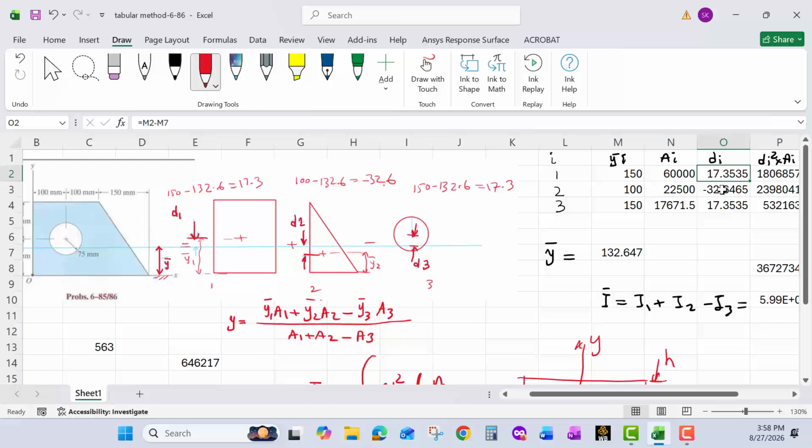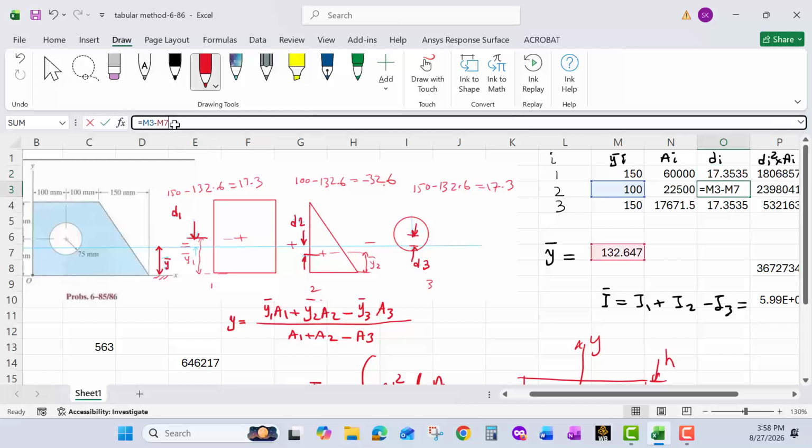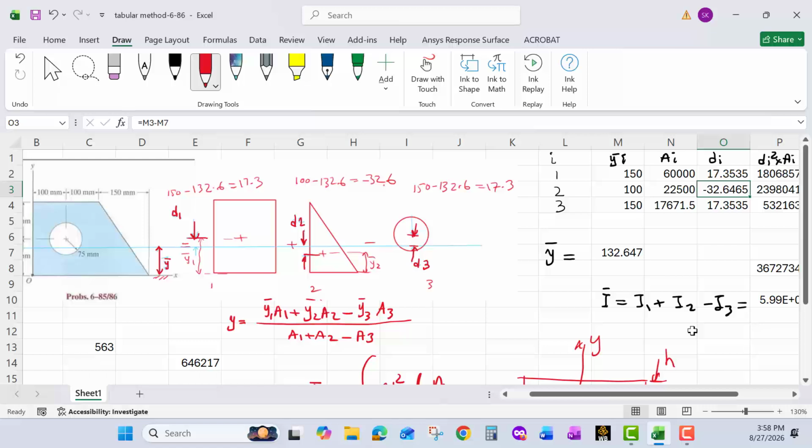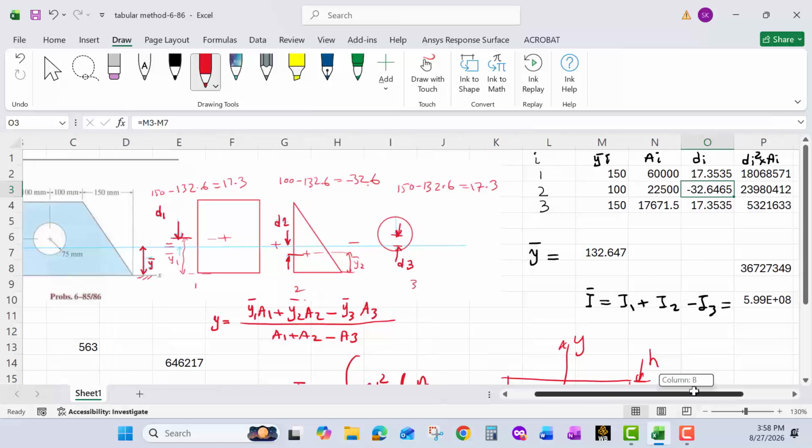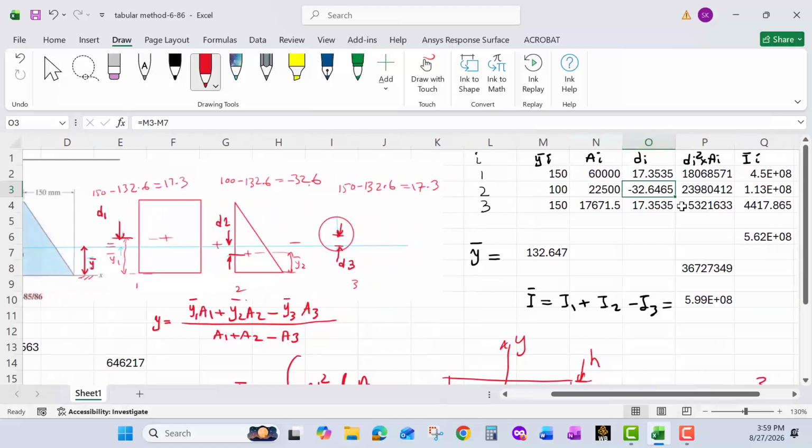For example, for the second shape, the offset is the difference between the centroid of the second shape and the centroid of the composite shape. And likewise, we do the same thing for the third one. So that is clear. Next, I want to recycle some of the values here. I want to make that offset squared multiplied by its area.